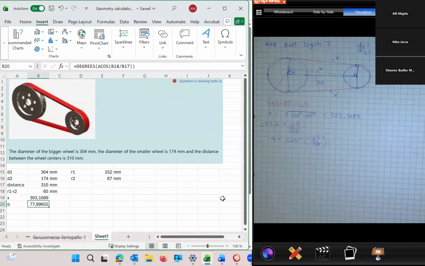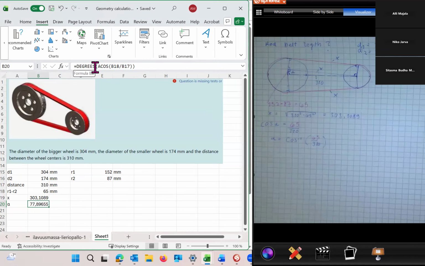So here I'm just calculating one angle. And I realized that I can calculate it with a cosine. So to get the angle, I need the inverse function of cos. But now it gives me radians, so to put it to degrees, I need one more function.